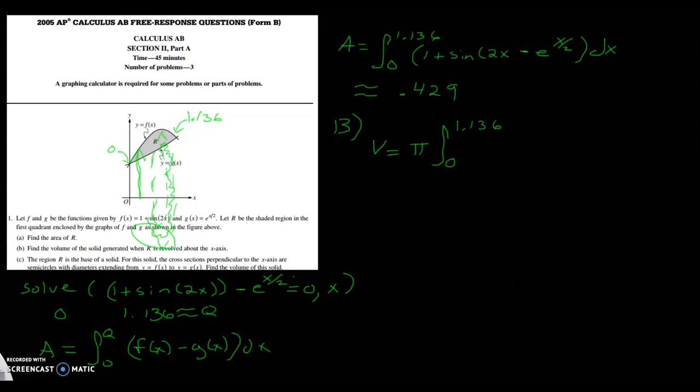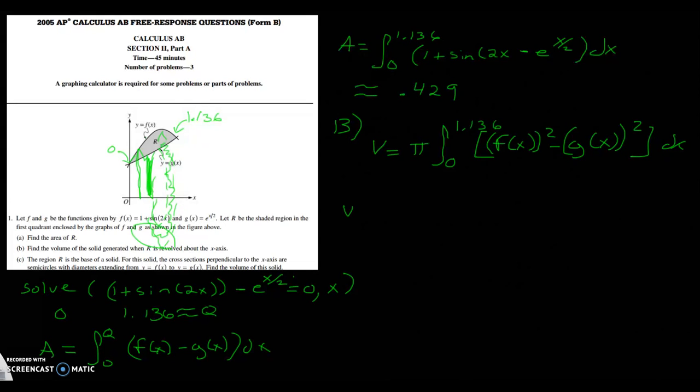So in this case, it's just f of x minus 0, so it's just f of x squared, minus g of x squared dx. And that's g of x because it's g of x minus 0.